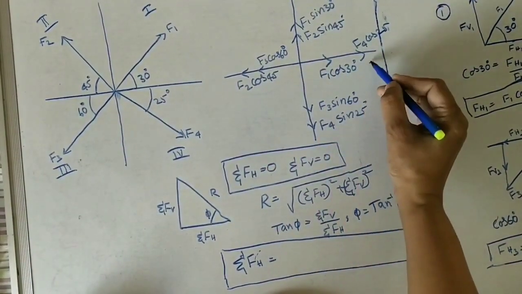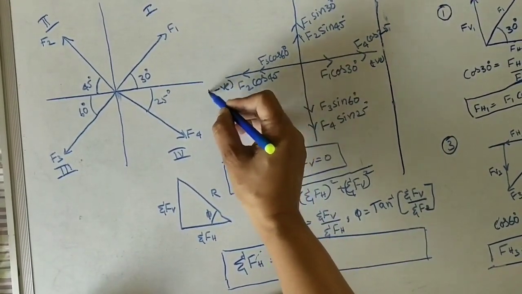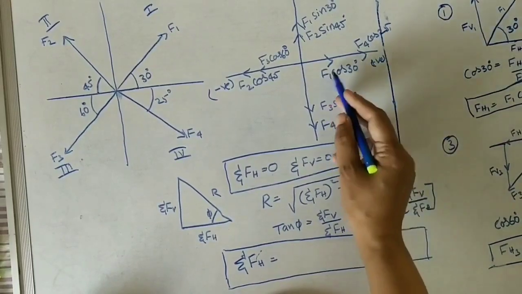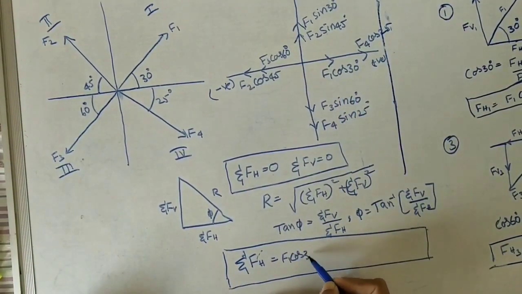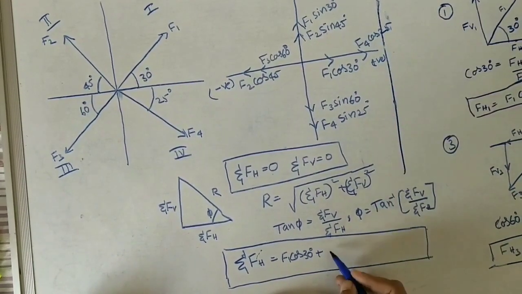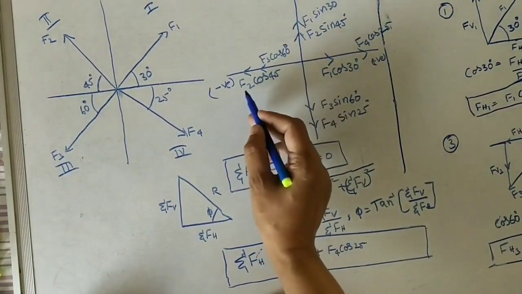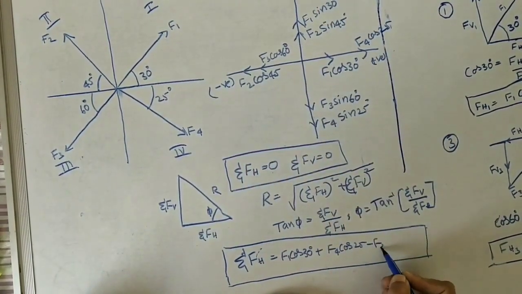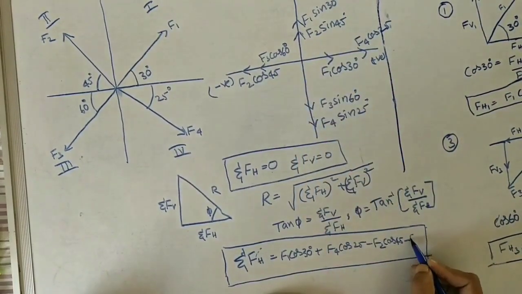This side direction I am taking positive, and the left side I am considering negative. First write down the positive values: F1 cos 30 plus F4 cos 25, and this side negative, minus F2 cos 45 minus F3 cos 60.